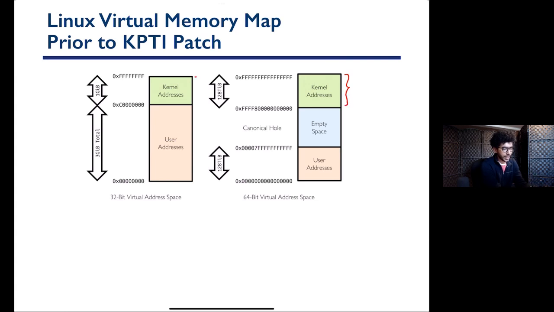Now, in Linux, in 32-bit systems, 1 GB of your address space was reserved for the kernel, so the processes cannot have access to that range of their virtual address space. In 64-bit systems, this has been increased to 128 TB of your address space that you cannot access because it's reserved for the kernel.